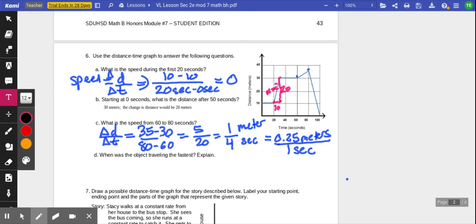What's going on over here? This is going down 35, and it's going over 20. And 35 divided by 20 does not have an absolute value of 2. So right here, I see it going the fastest. So between 20 and 30 seconds.